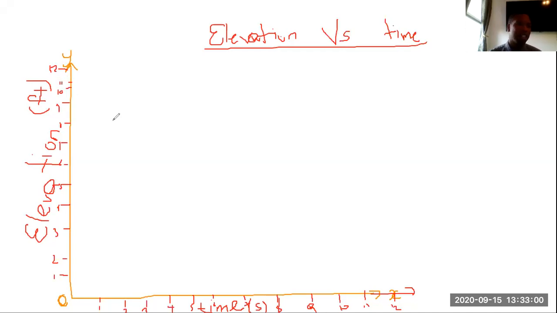Please don't mind the numbers to the side. I should have made more space. Let me see if I can move this up a little bit. And then he started at the top.